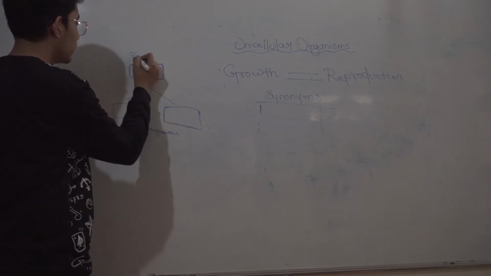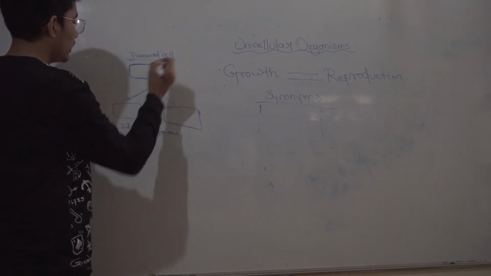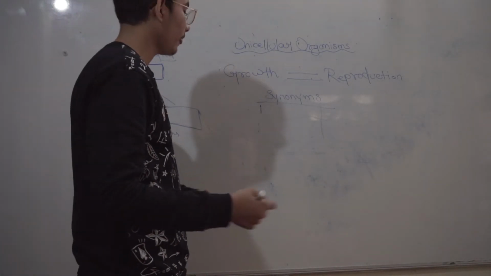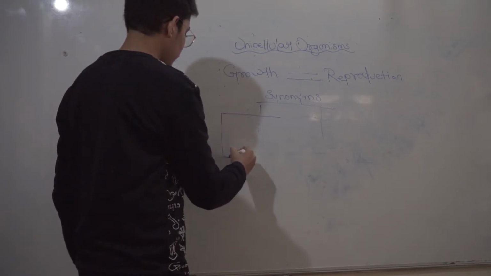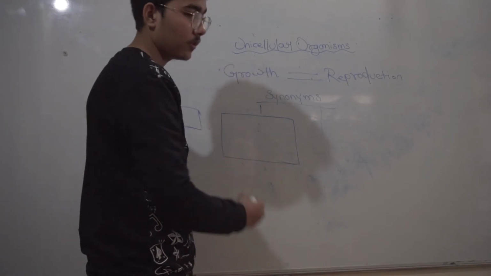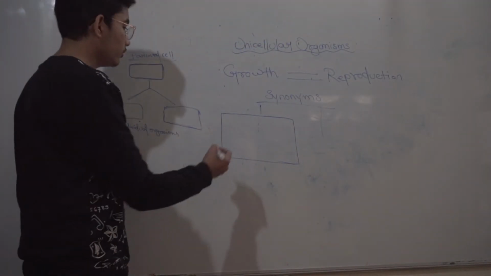It is the parental cell. So how does growth occur?